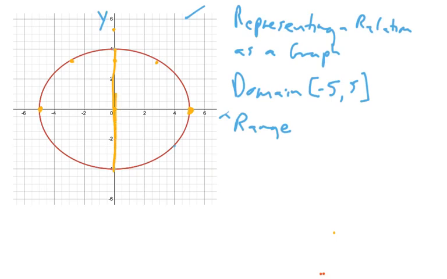Any value of y between -4 and 4 corresponds to some point somewhere on the graph, to the left of it or to the right of it. And so we're going to say that the range goes from -4 to 4, both endpoints included. A little bit tougher idea, but I hope that makes sense.